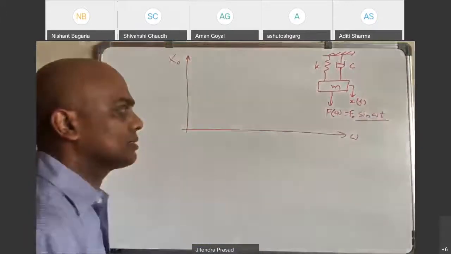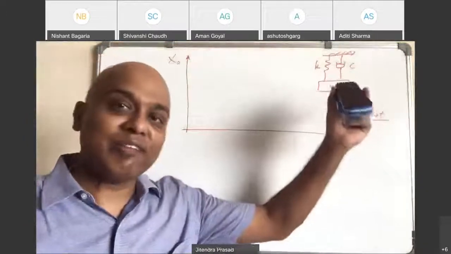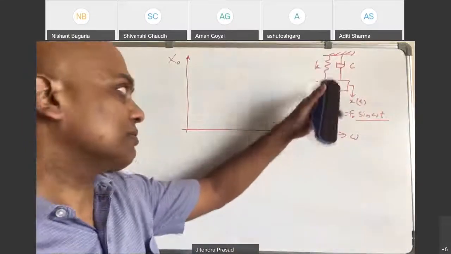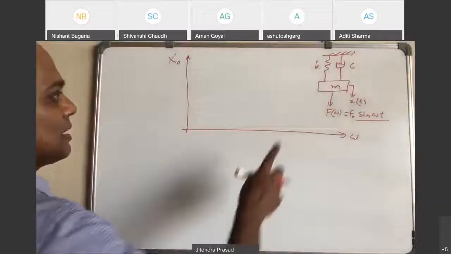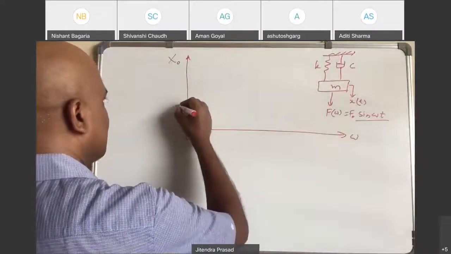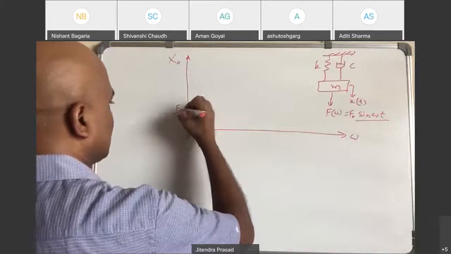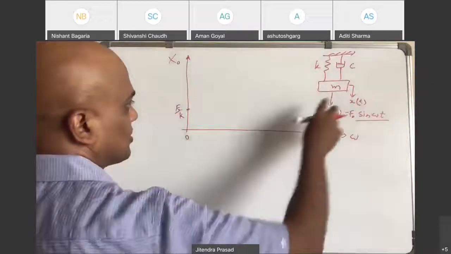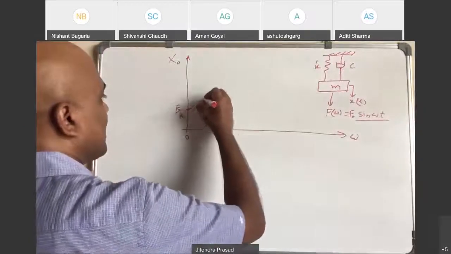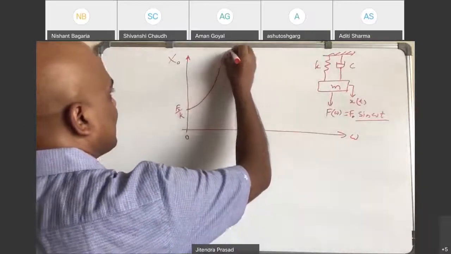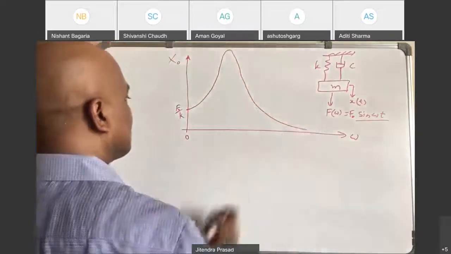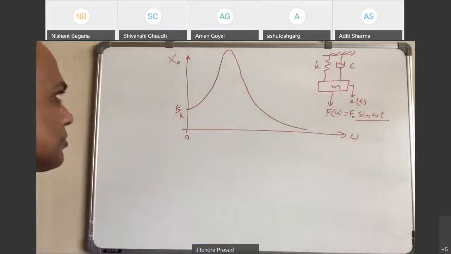This is the harmonic force applied to a spring mass damper system. If omega is equal to 0, then f naught over k is the displacement. So from here it starts, it will go up, and it will come down like this.